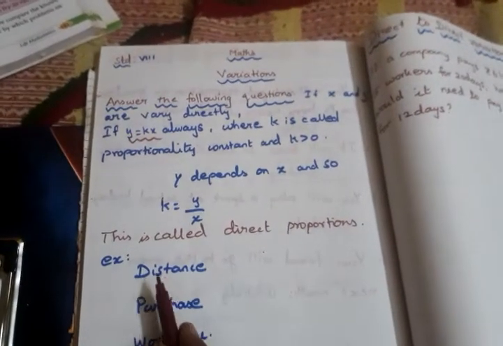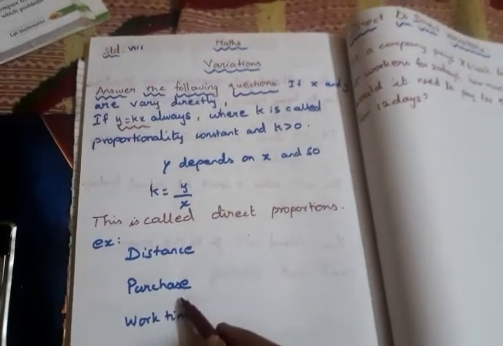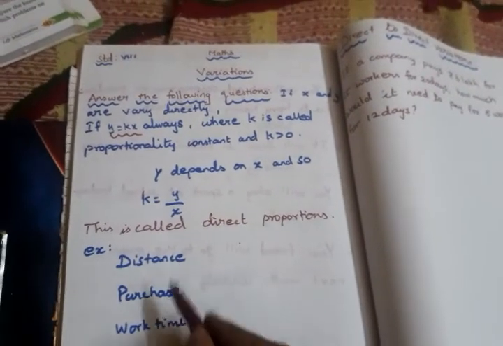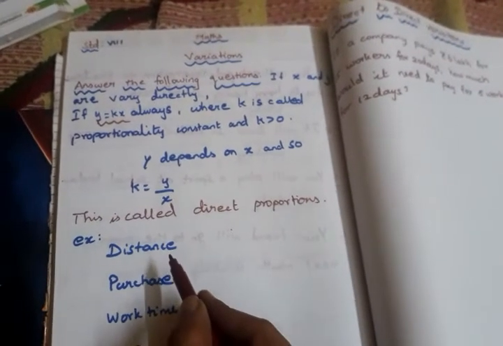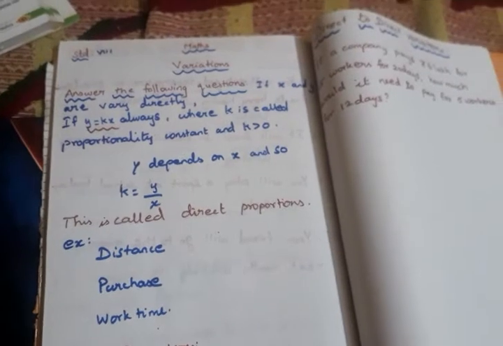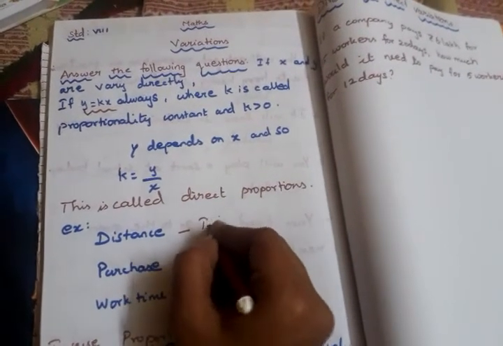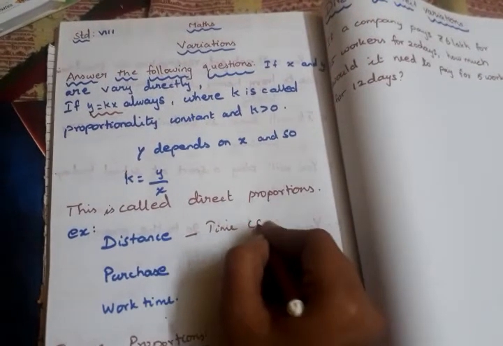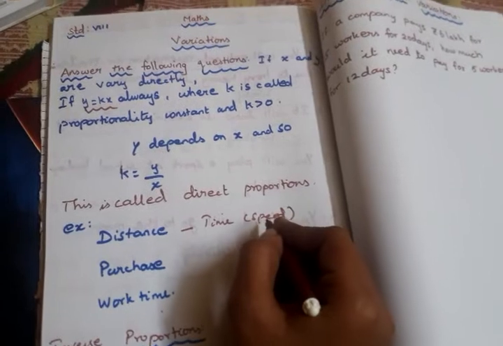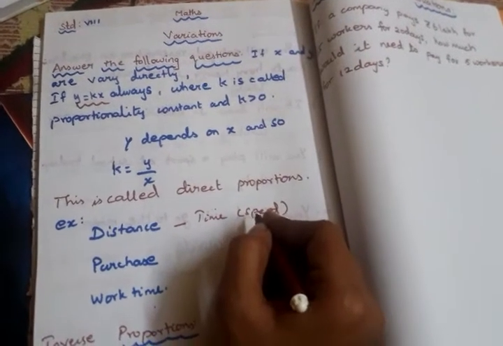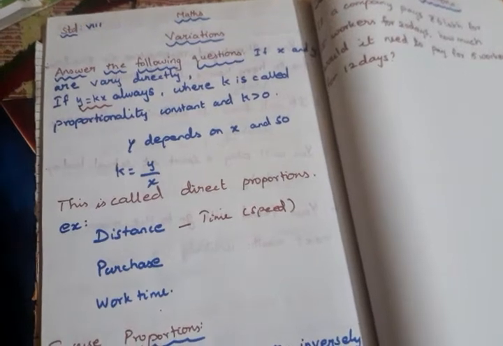Examples of direct proportion: distance, purchase and work time. So what is distance? Distance means speed or time. If the distance increases, then the time taken to reach that distance will also increase, and vice versa.